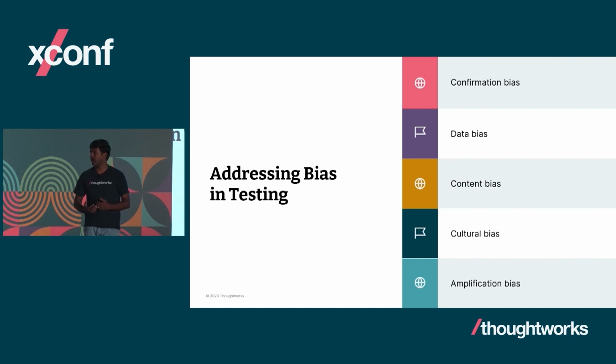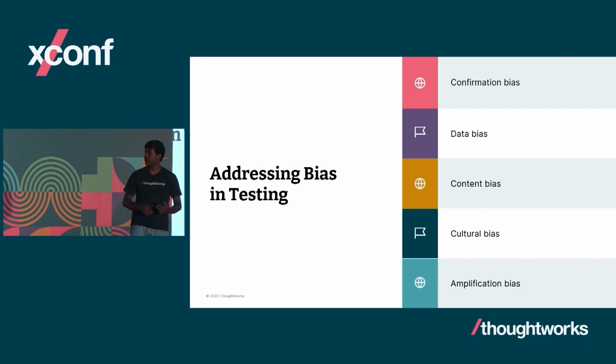How we could address this is probably to have people of different ethnicity, region, who follow different cultures when identifying these kinds of data sets. And next is amplification bias. Many of us might have used Spotify, YouTube, Netflix for that matter. One incident that I quickly remember is YouTube showing racism content if a user tries to see racism content.